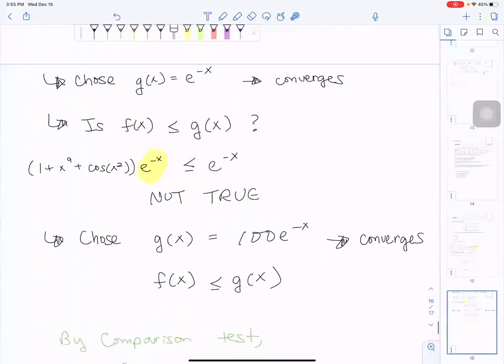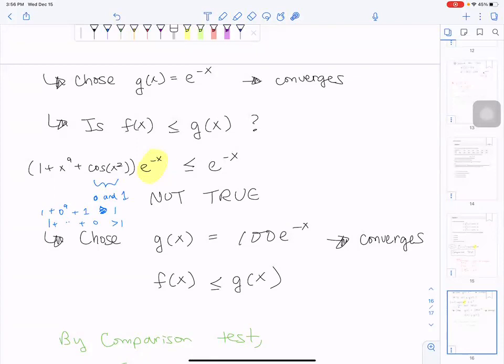Oh, because cosine of anything is always going to be between 0 and 1. So even if you chose x equals 0, then you get 1 plus 0 to the 9th plus 1. So that's going to be greater than 1. Even if you chose x equals pi over 2 or something, you get 1 plus something plus 0. It's still greater than 1. So yes.